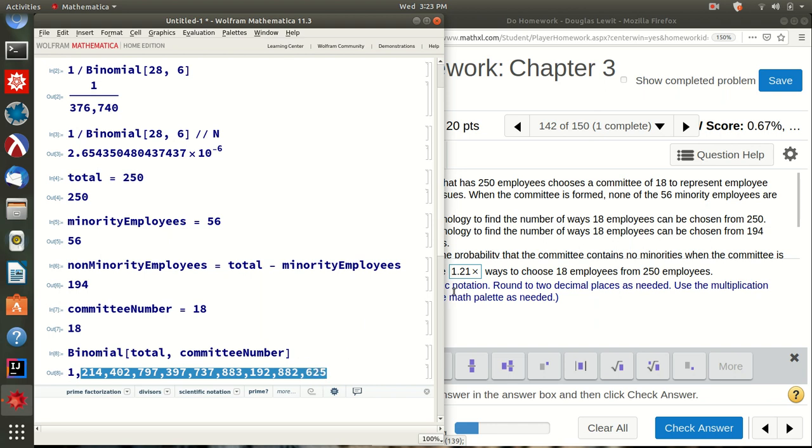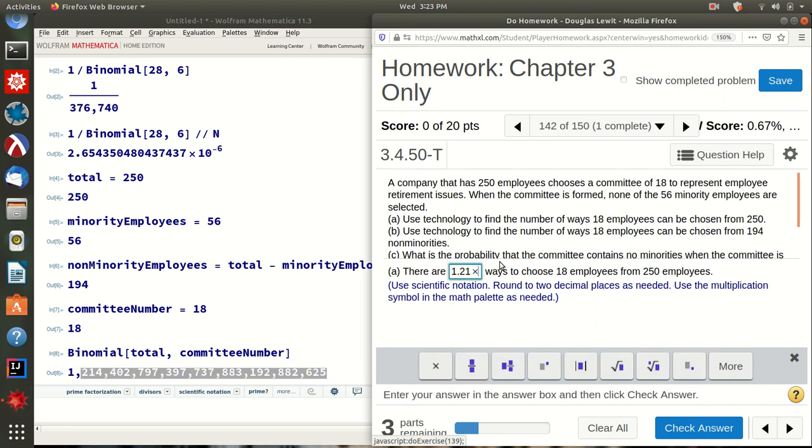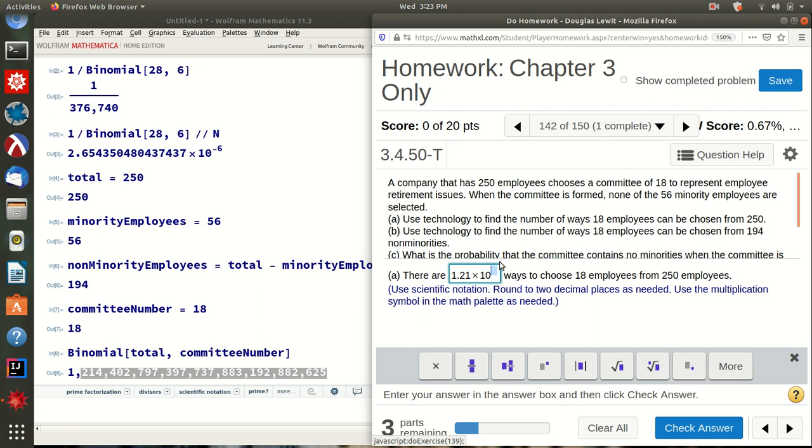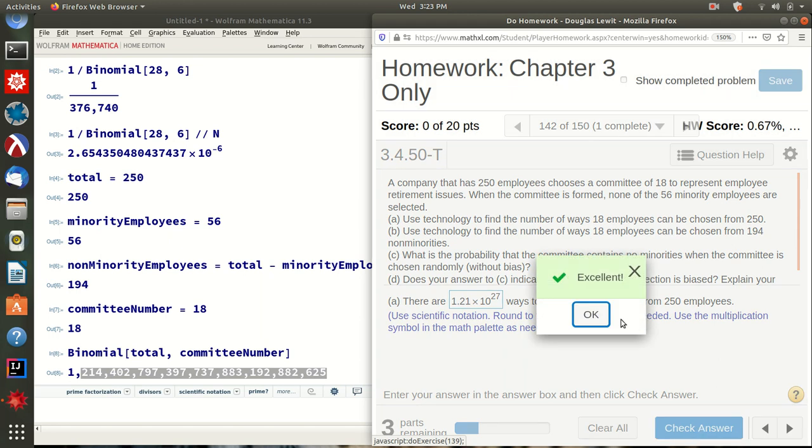That's to the power of 27. So that's really a very large number. 10 to the power of 27. And is that correct? Okay, that is correct. Pearson accepts my answer.